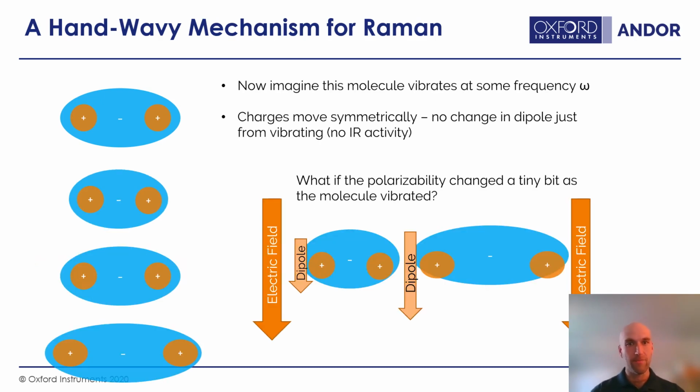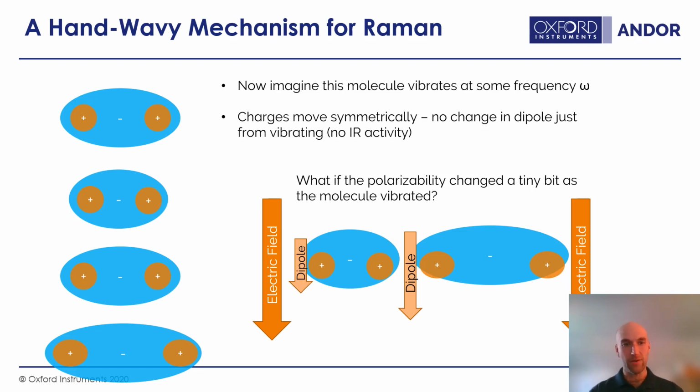So now imagine that this molecule vibrates at some frequency omega. Here I've pulled a few frames from this vibration. It gets pulled together, squished, and then it bounces back and forth. So the charges move symmetrically, no change in dipole just from vibrating.